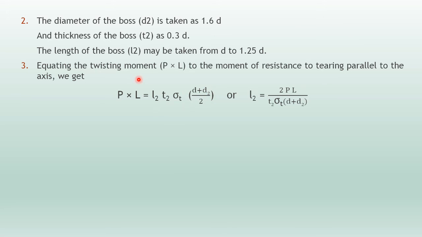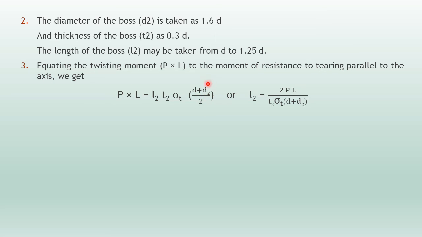We have all values in this equation. We have capital P, we have capital L, and in step 2 we have already calculated L2, T2, sigma T. This value is given in the numerical. Also we have calculated small d, that is the diameter of the shaft, and D2 divided by 2.